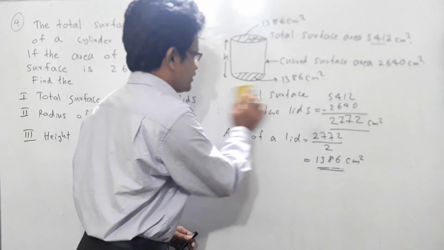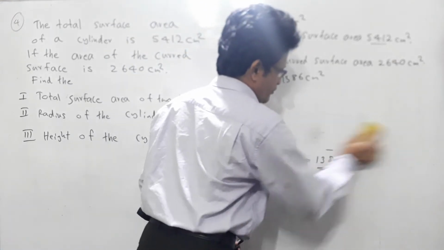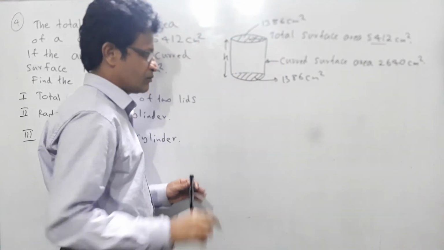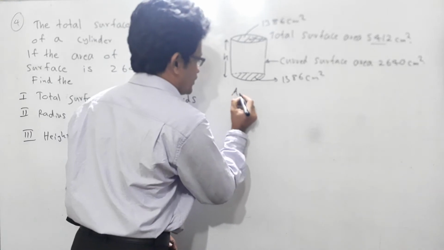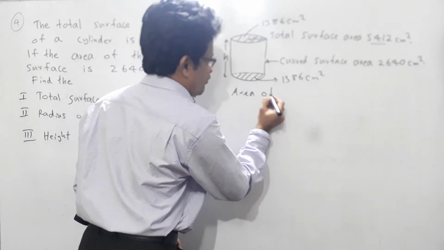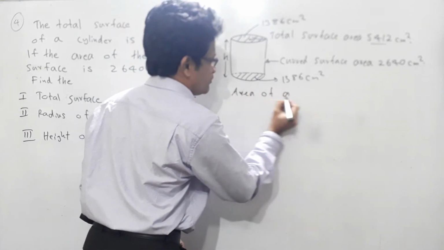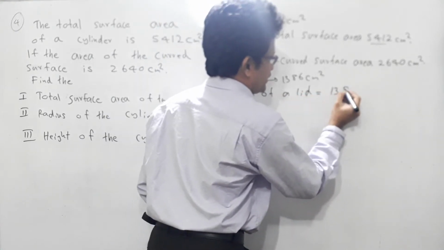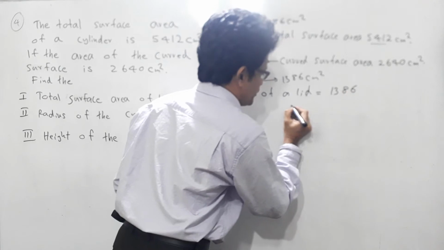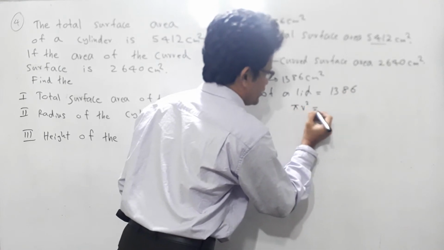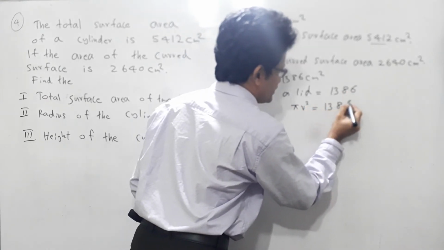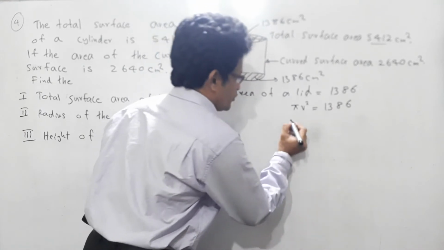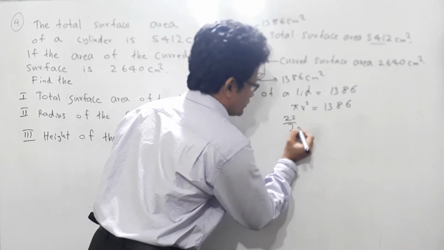So I write it this way. Area of a lid equals 1386. So that means pi r squared equals 1386. Pi means 22 over 7.